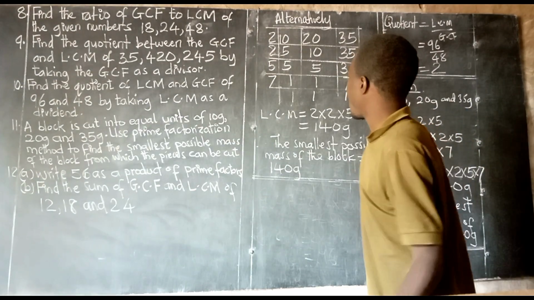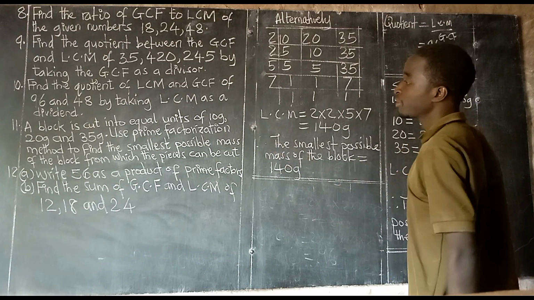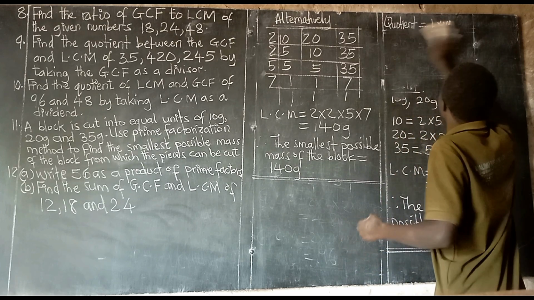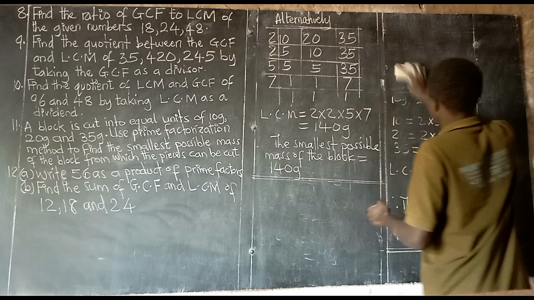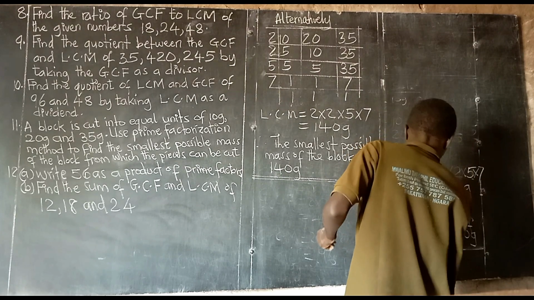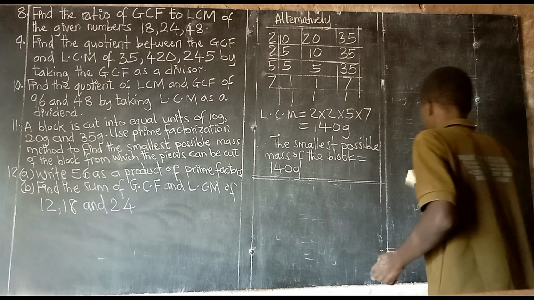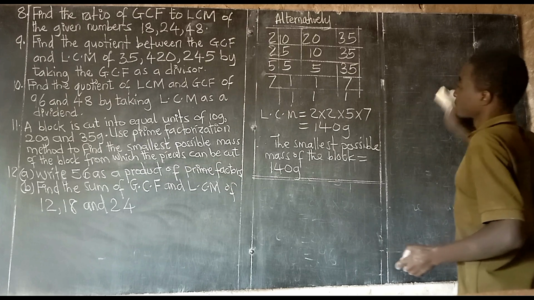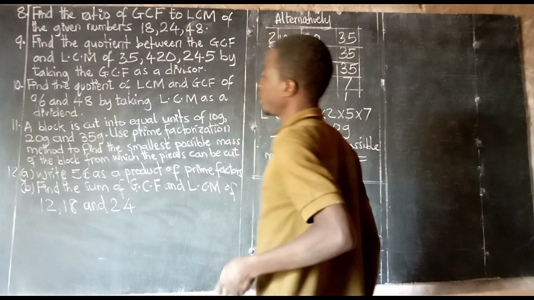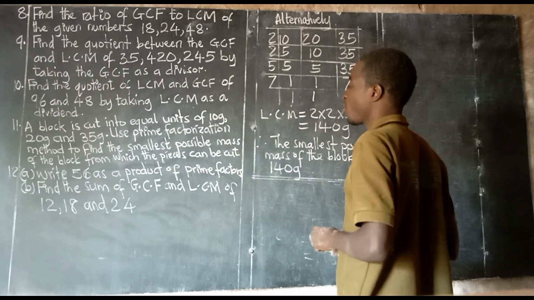After this, let us shift to question number 12. Question number 12 states: part A, write 56 as a product of prime factors.